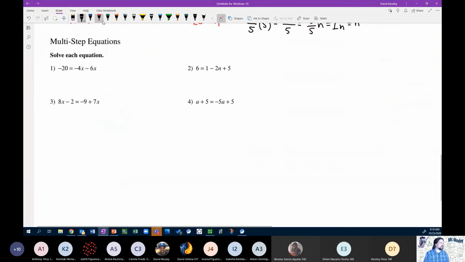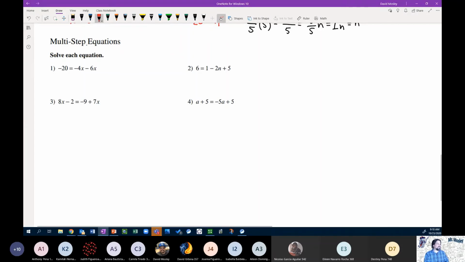Our last ones to do, we have multi-step equations. So question 1, we have negative 20 equals negative 4x minus 6x. This is the first time we've seen something that we can call a like term. So now we're actually using step 1 of our process.